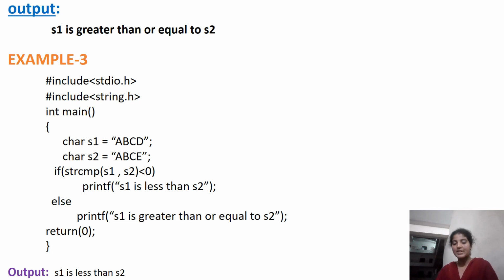If the condition is true, it will print s1 is less than s2. And if the condition is false, it will enter into the else block. In the else block, it will print s1 is greater than or equal to s2. Here the output is s1 is less than s2.